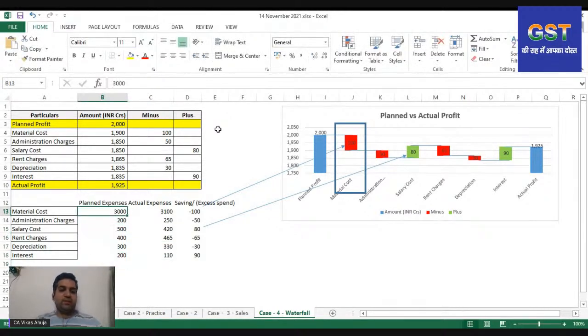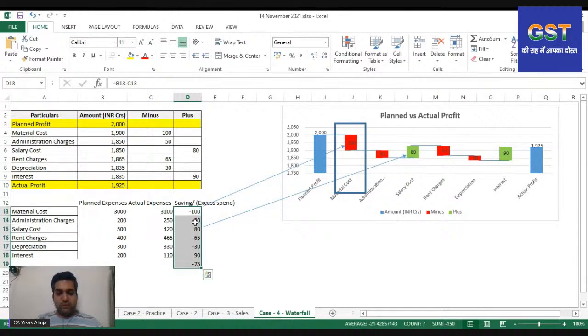So we have planned expenses this much, actual expenses this much. So this is the saving or the excess spend that we did. And this is contributing to my overall difference in the P&L of 75 crores. That's what I actually achieved in 2019-25. So 75 is the difference between my P&L.